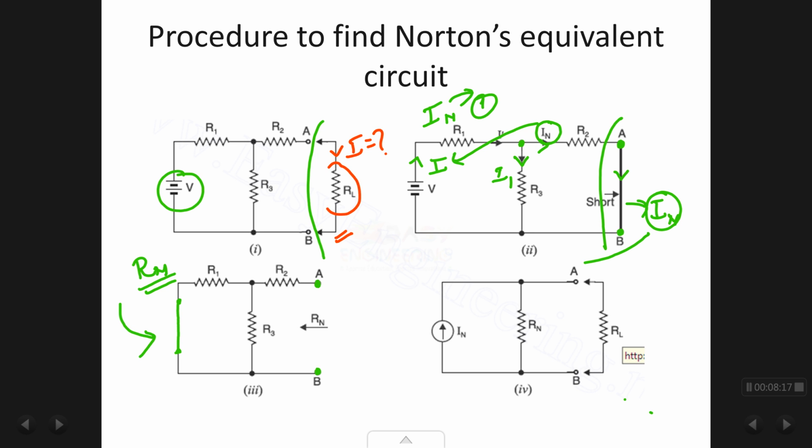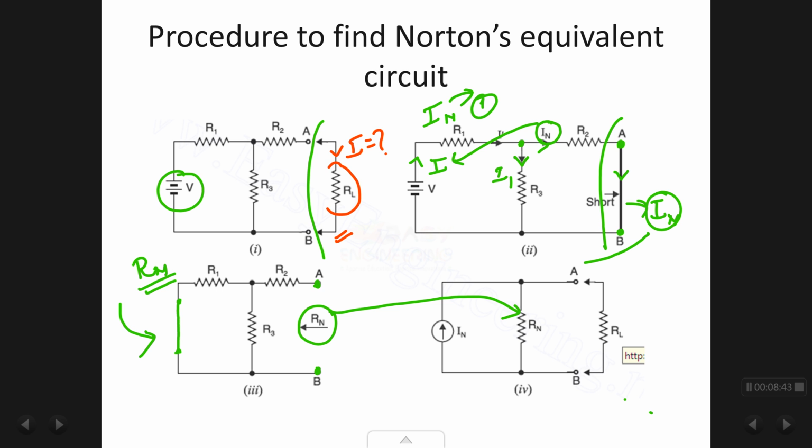After imposing these two conditions on the circuit, this is the circuit I'm going to use to find Rn. Your job will be to find the value of effective resistance across these two points AB for this circuit.